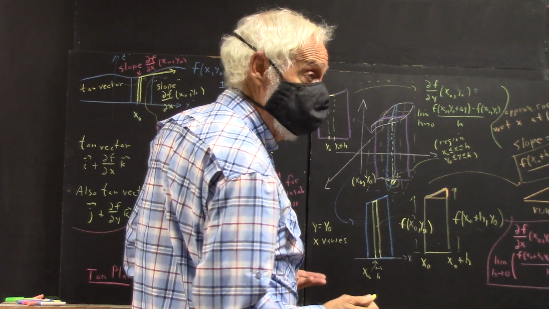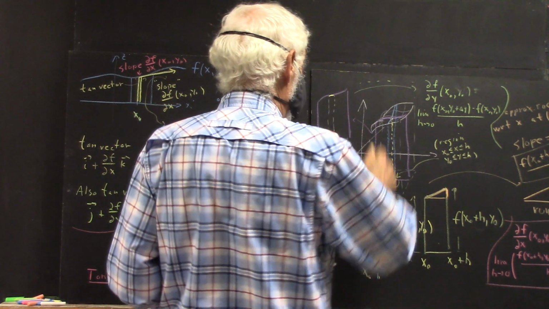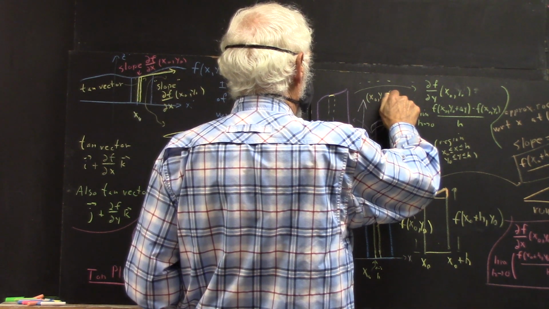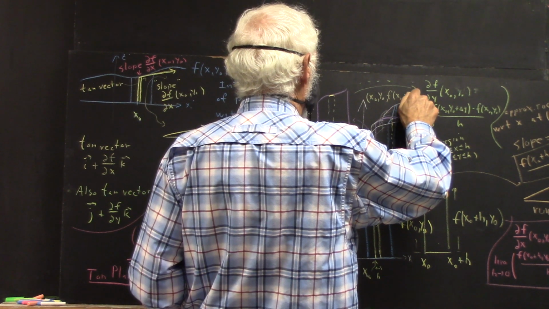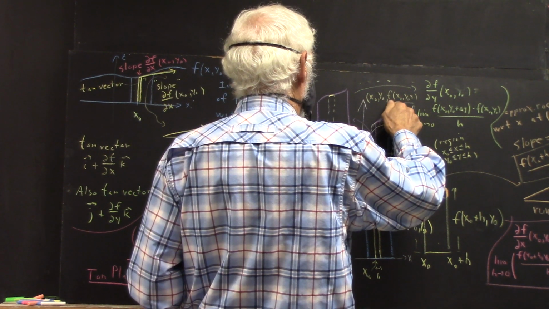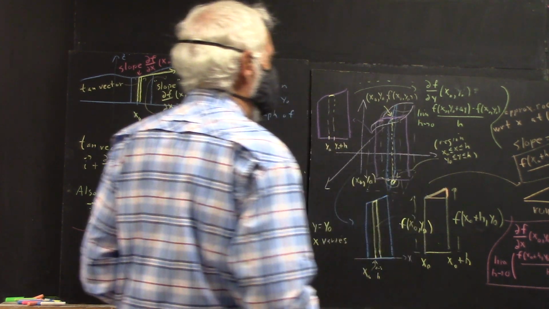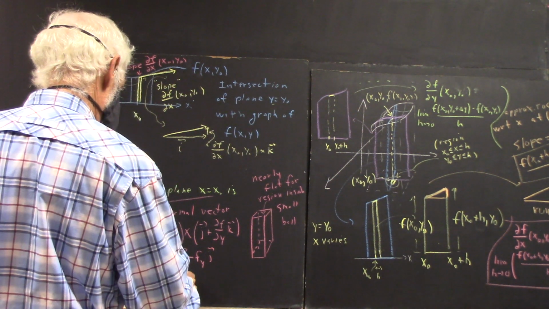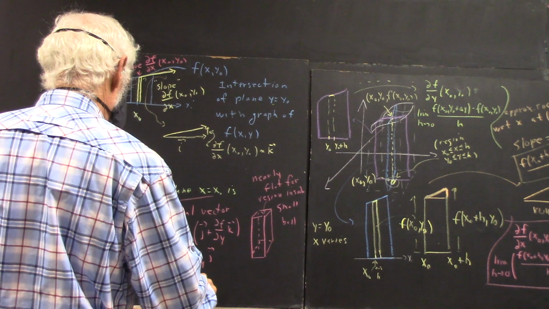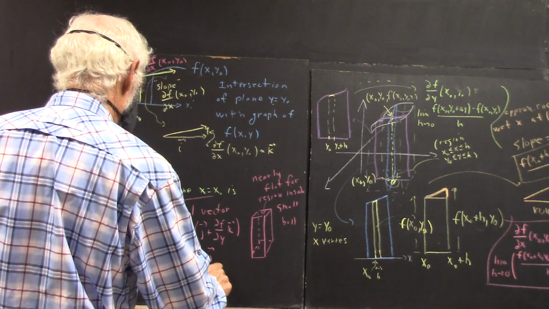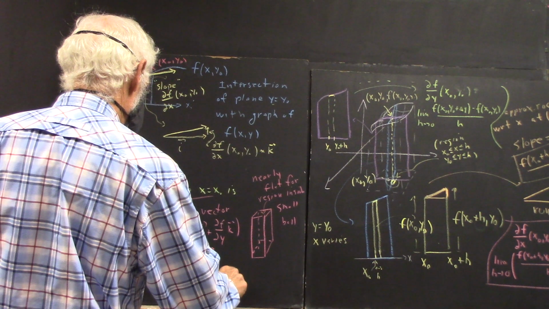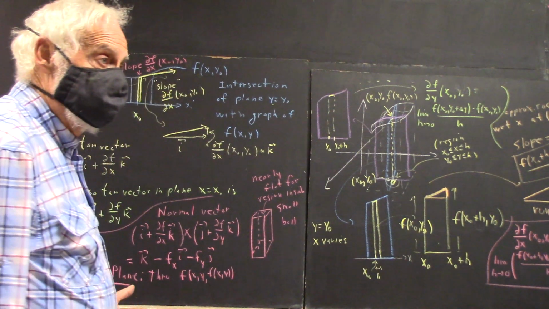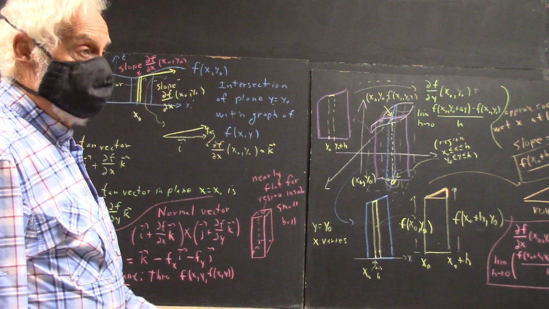What's the height? It's f of x naught, y naught. So the coordinates of this point are x naught, y naught, f of x naught, y naught. So your tangent plane is through that point. And how do you do the tangent plane? It's the plane through a given point perpendicular to the normal vector.